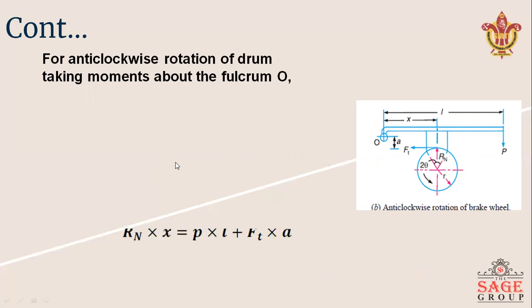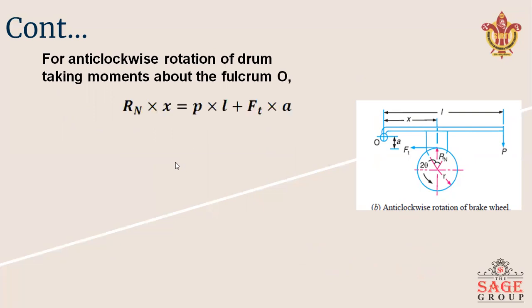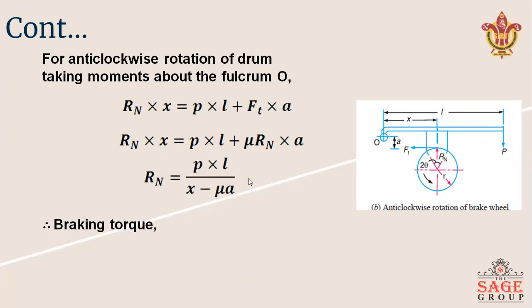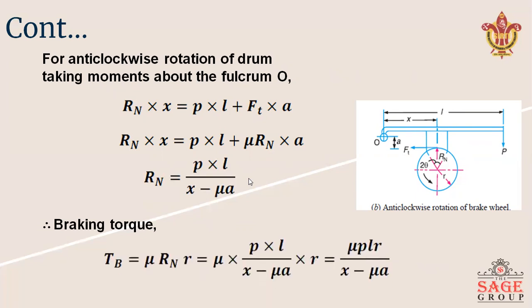Now taking moment about fulcrum O, we get the equation for Rn. These are the equations obtained by taking moments of Rn, P and Ft about the fulcrum, along with their directions. Now we will have the value of braking torque.